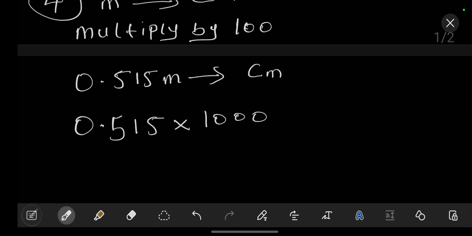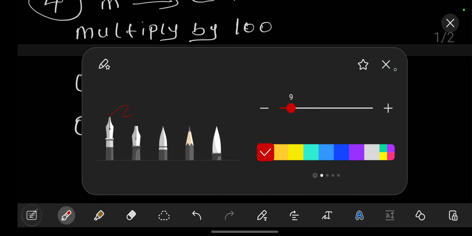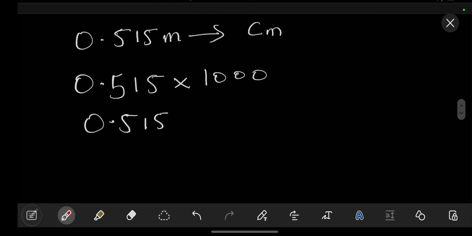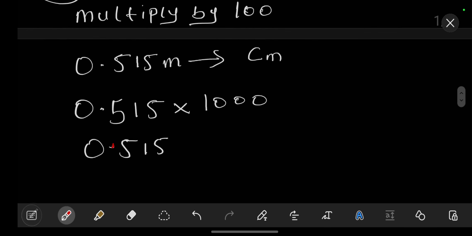Like I told you before, if you're multiplying, you're moving your decimal forward, and division is backward. So because we're multiplying, we're going to move it forward, and we'll move it forward based on the number of zeros here. So in this case, we don't have an imaginary decimal. We already have a decimal place here. Now we'll move this decimal, you can see, 3 places forward because we have, oh, sorry about that, not 3 places forward right now, but 2, this is 100. Move it 2 places forward because we have 2 zeros here.